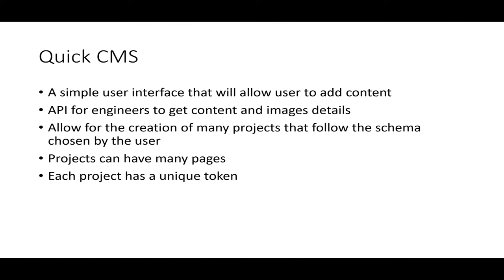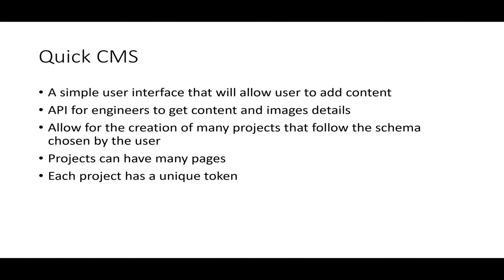QuickCMS allows the user to create many projects that follow a schema chosen by them during the creation of a new project. Every project can contain many pages, depending on the user's need and their goals, and will follow the same schema as the project that they are part of.